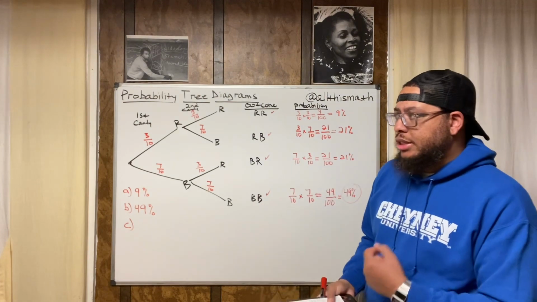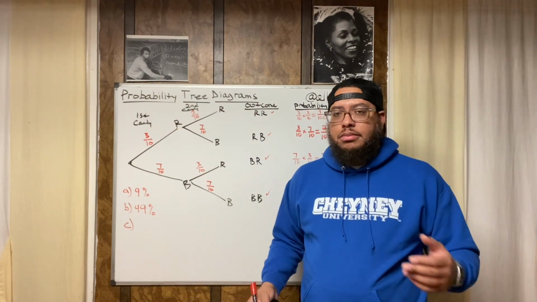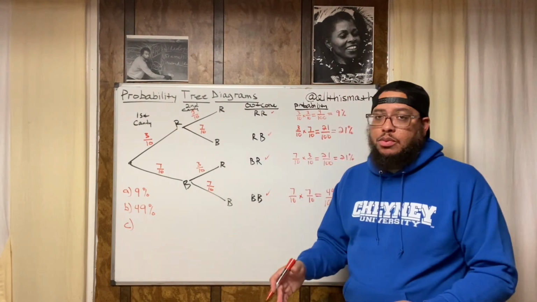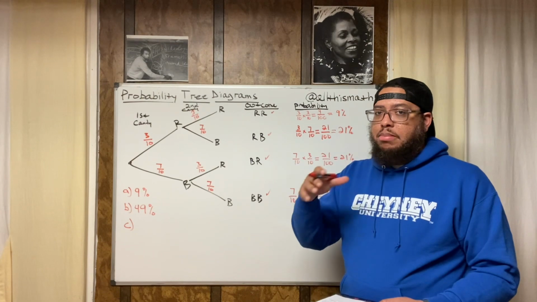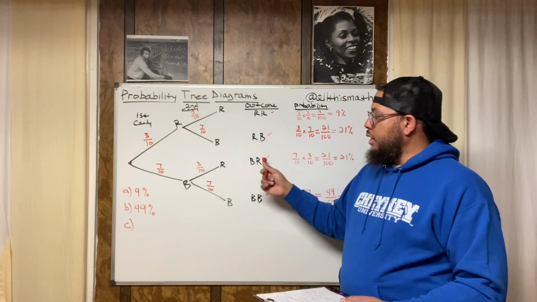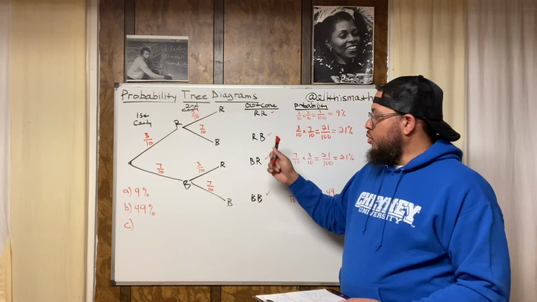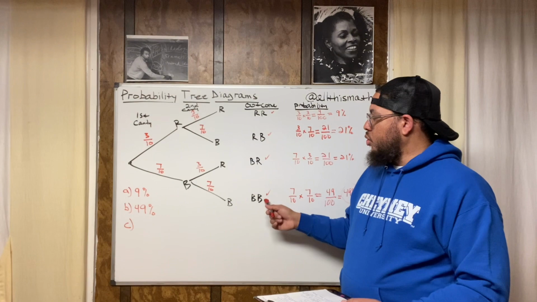So the question is, like, we could rephrase it. Instead of saying at least one blue candy, we could also say, what's the probability of her pulling out one blue candy or two blue candies?